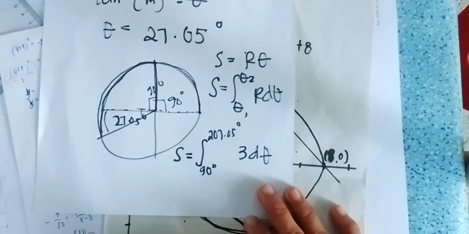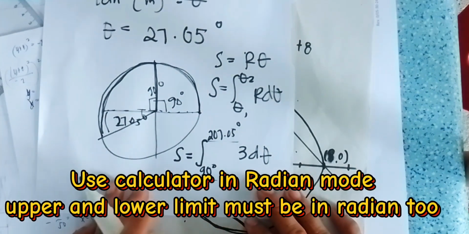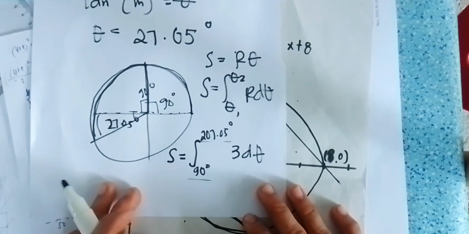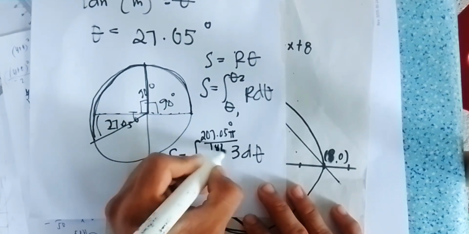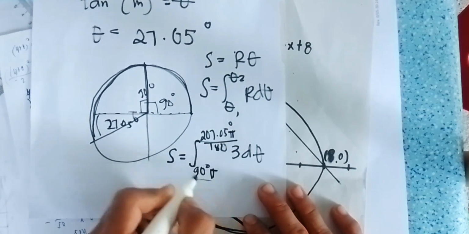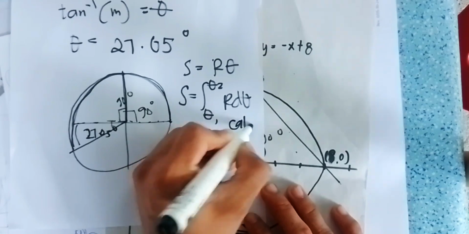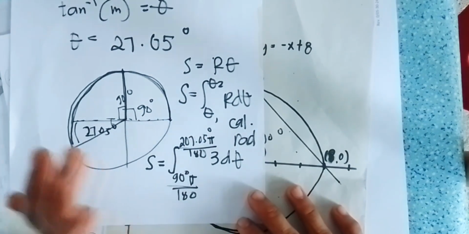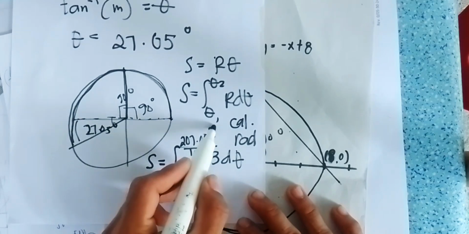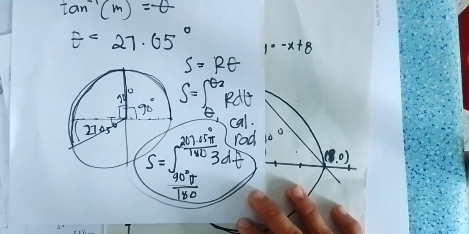But take note, it should be in radians. Therefore, this one should also be in radians. So multiply it by pi over 180 to make it radian, and also this one pi over 180. And put your calculator on radian mode. Okay? So what will happen is you type the equation in the calculator, but in radian mode.